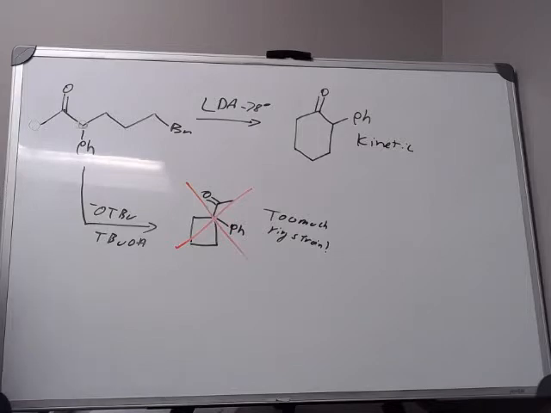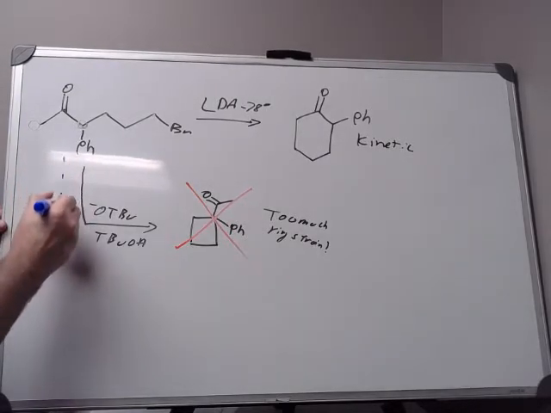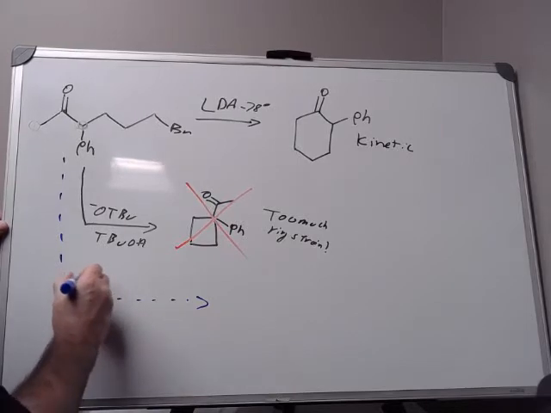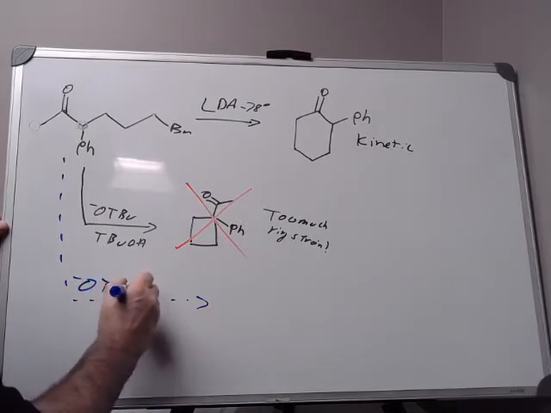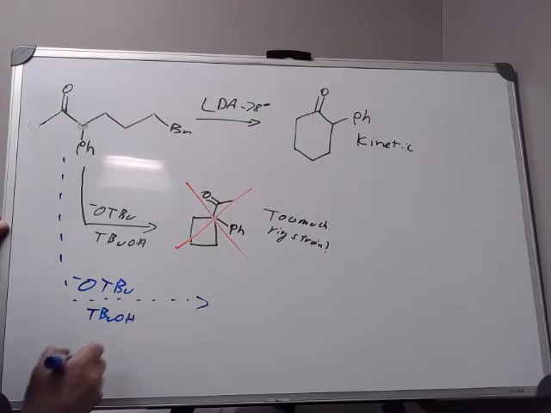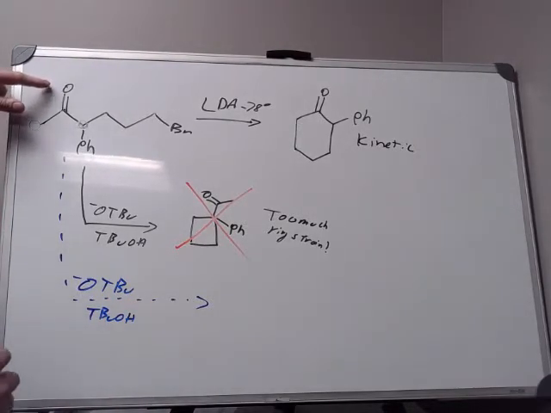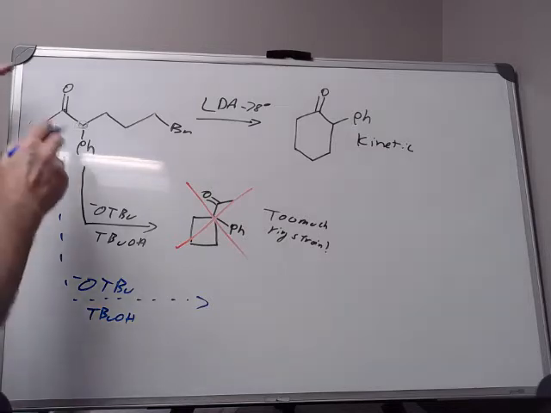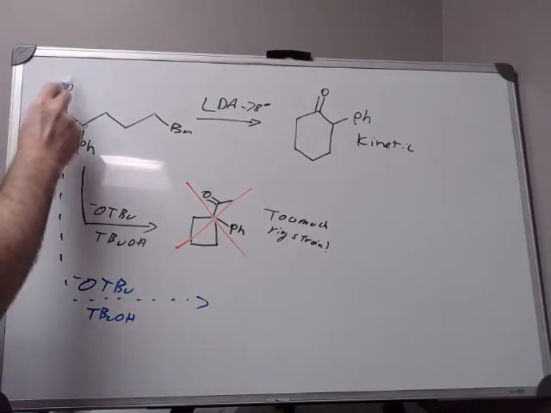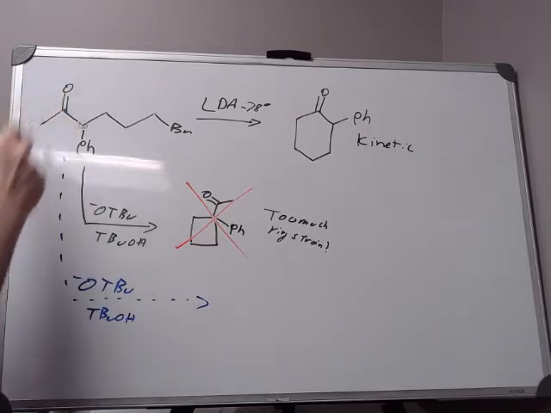Instead, what will happen with the tert-butoxide is, remember that the enolate is a resonance structure where one of the negative charges is located on this oxygen.